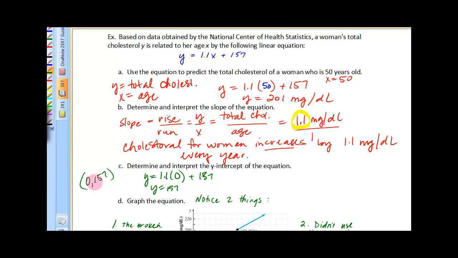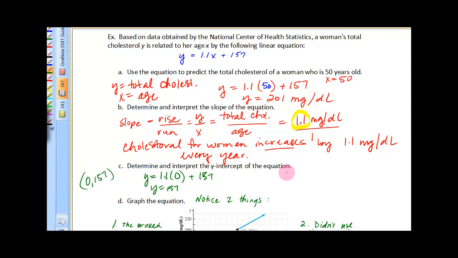What does that mean in terms of interpreting our intercept? If x is age, and this age is at 0, then that should be telling us that we are born with 157 milligrams per deciliter of total cholesterol to begin with for a girl, because this is all talking about a woman.